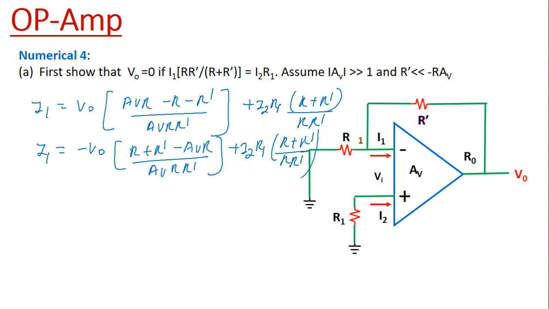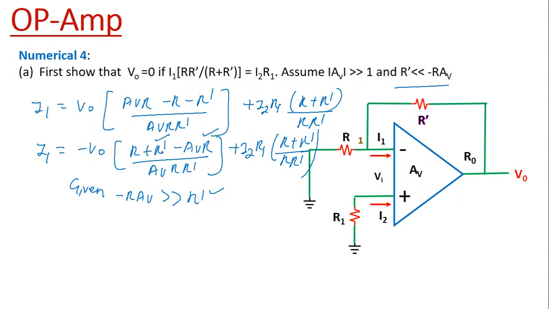So in this question it is already given: what is given? That minus of R into AV is very much greater than R dash. This is given in the question. So we neglect R dash as compared to minus of R into AV in this equation.